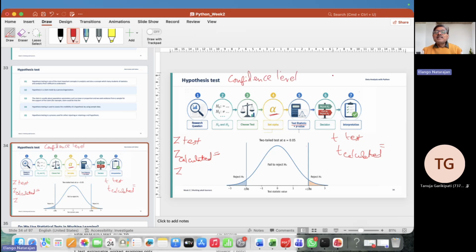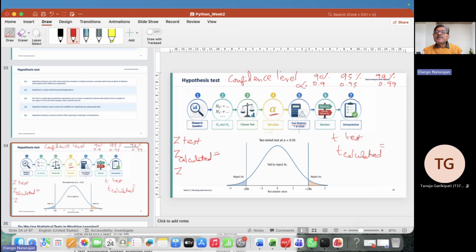Confidence level could be 90%, 95%, 99%. That means it could be 0.9 or 0.95 or 0.99. So based on this confidence level, your alpha is fixed.